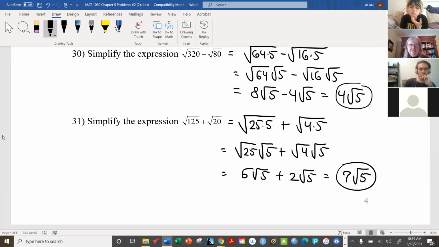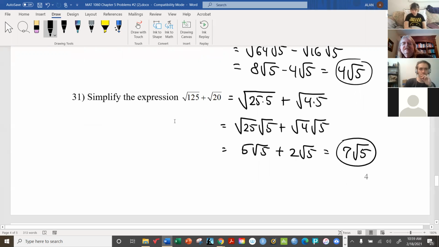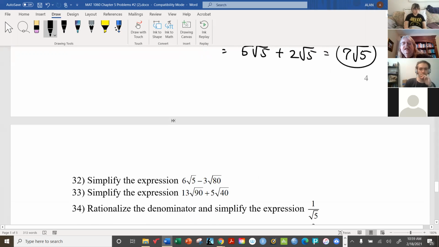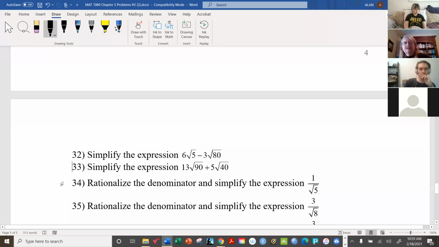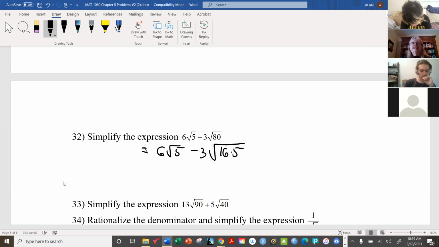All right. Okay, there's just a few more. Let's see, what else do we have waiting for us here? How about this one? Well, it looks like they have a common factor here because I know that 80 can be written as 16 times 5.